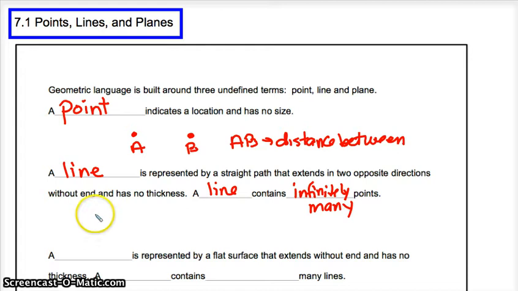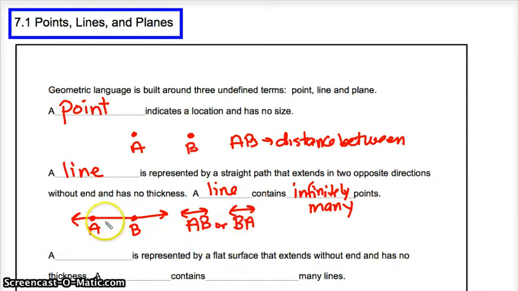A line has to contain at least 2 points, and if points A and B both lie on the line, I can call this line AB, and notice I have a little line with arrows on both sides above it, or I could call this line BA. So a line can be named by using any 2 points on that line in any order.